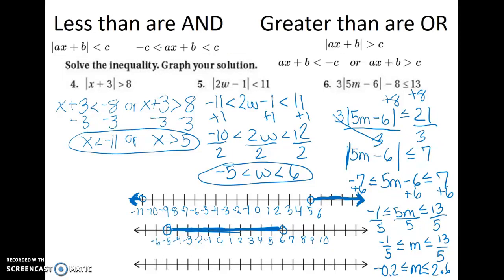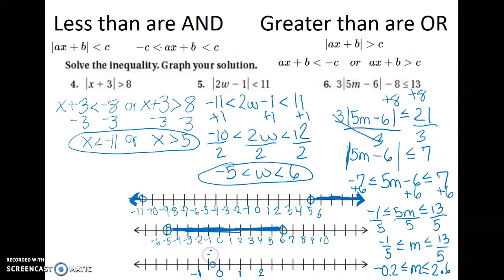So I'm going to really space my numbers out. Just have negative 1 there, 0, 1, and then 2. And I could number a whole bunch of different ones there if I wanted to. So then I'm just going to estimate about where negative 0.2 is, a little right there, so we'll try to put an open circle there.